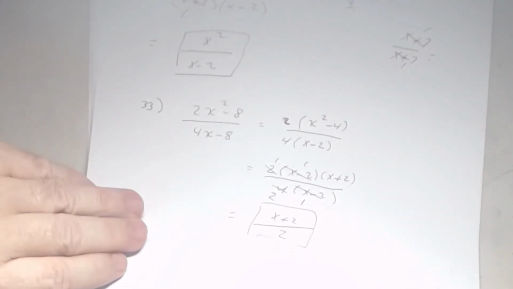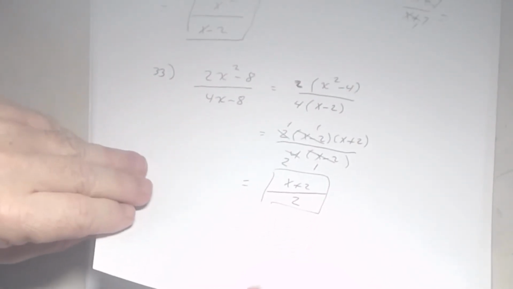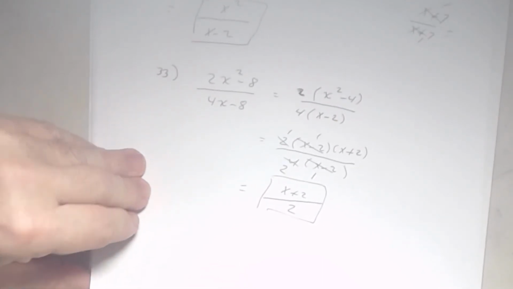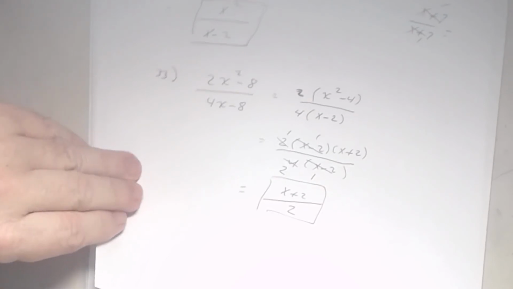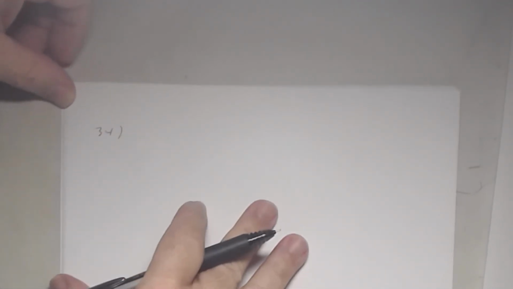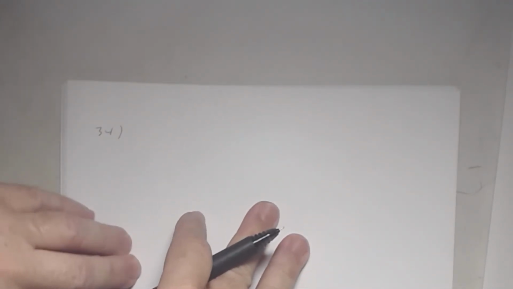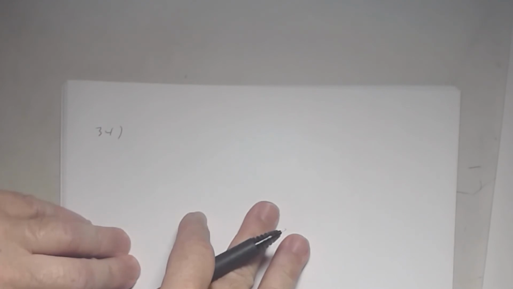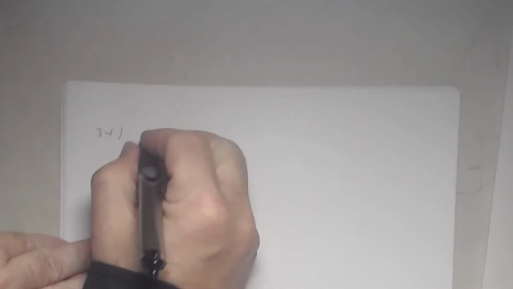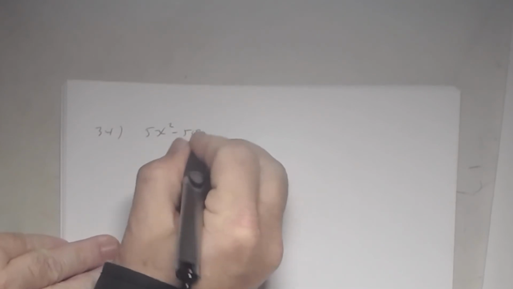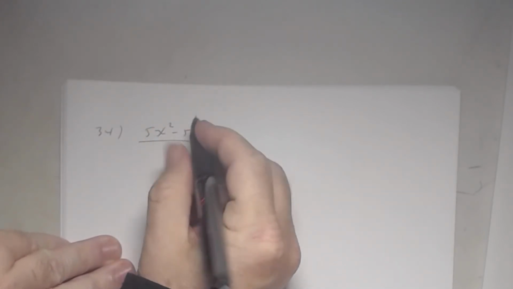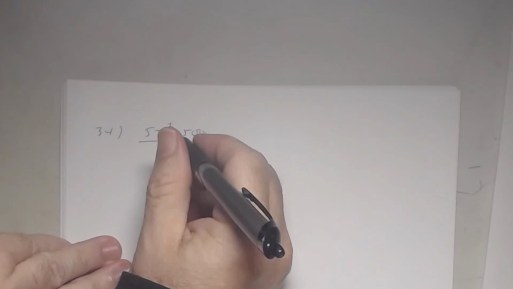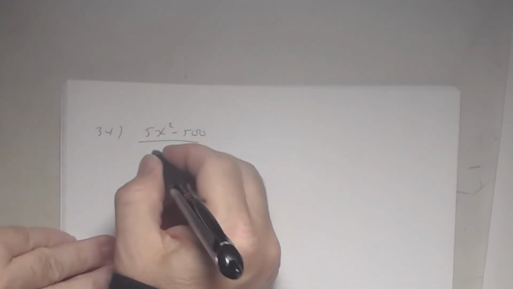All right, let's look at 34. You have 5x squared minus 500 divided by 35x plus 350.